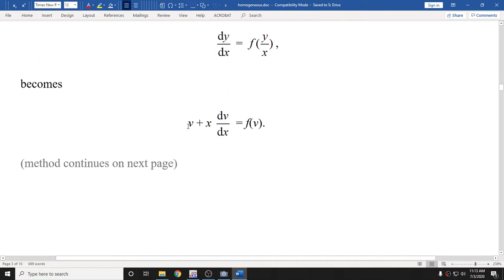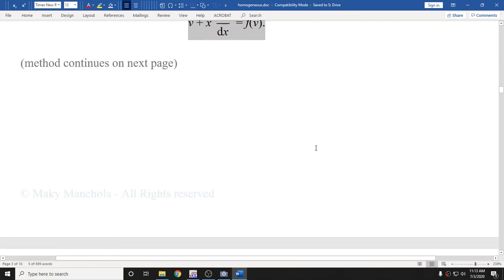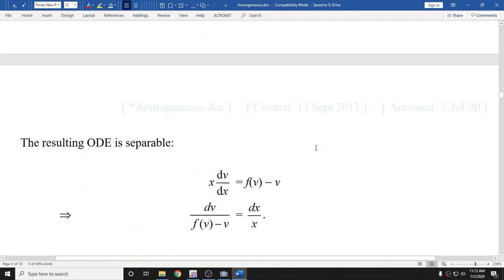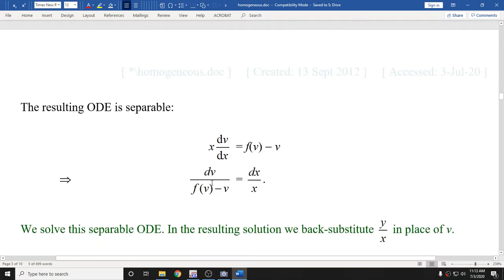When you look at the resulting equation, you realize that it does happen to be a separable equation. So as such, you separate the variables. You obtain dv over f of v minus v equals dx over x.